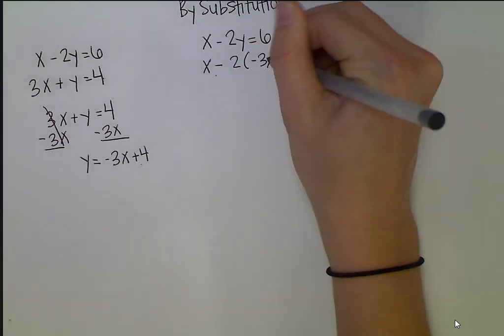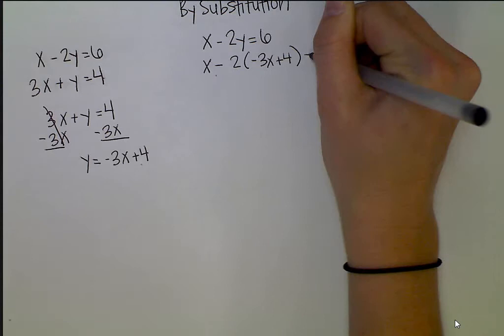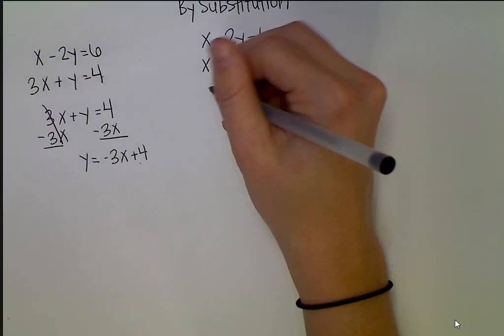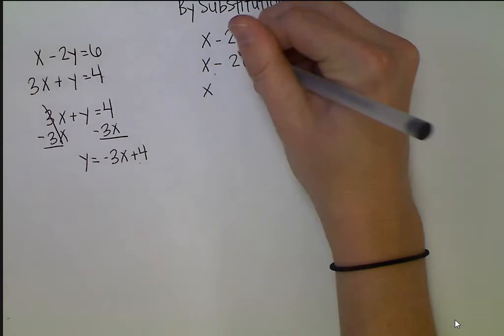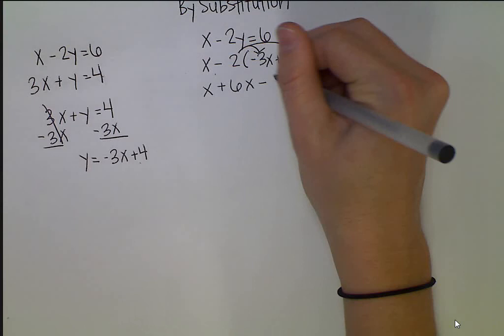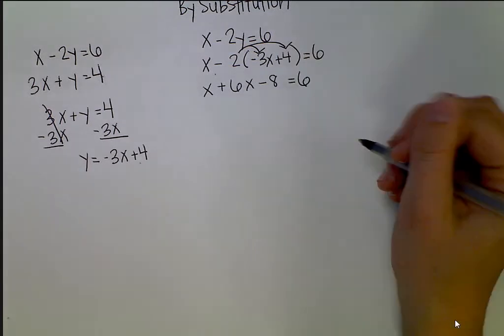Now we'll just start to solve for x. Combine like terms. X plus 6x is 7x.